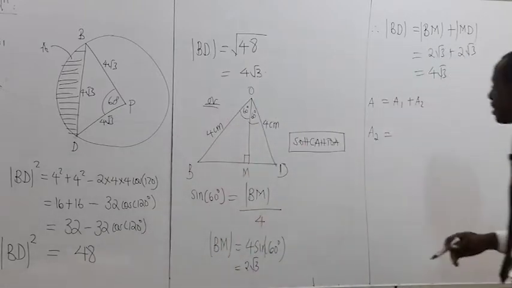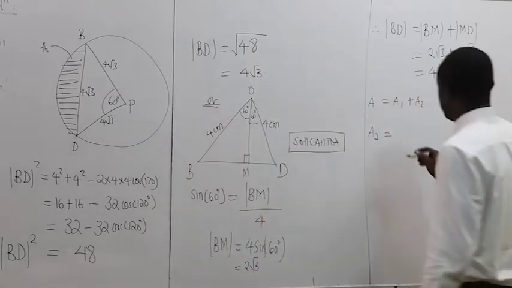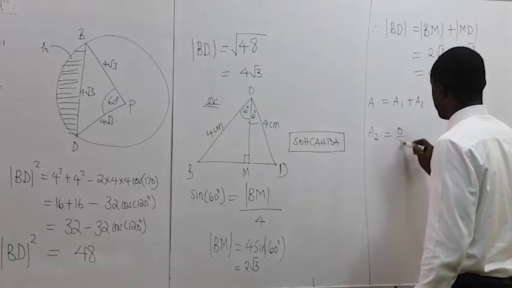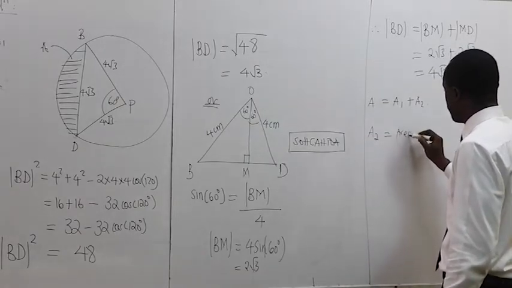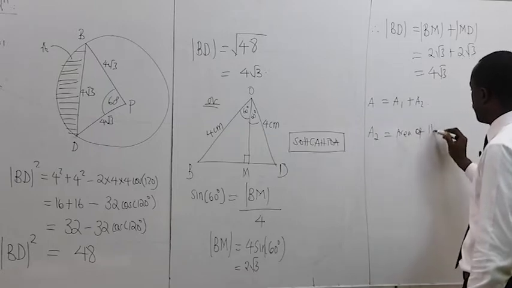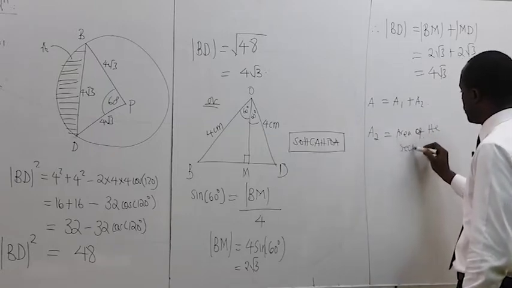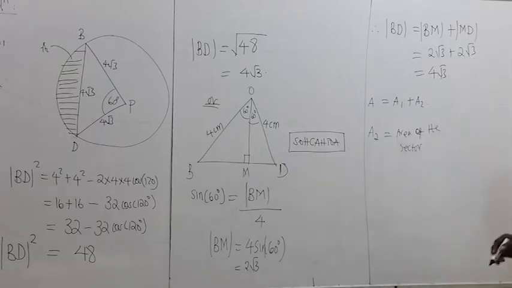Yes. So our A2 will be area of the sector, which is theta over 360, minus area of the triangle.